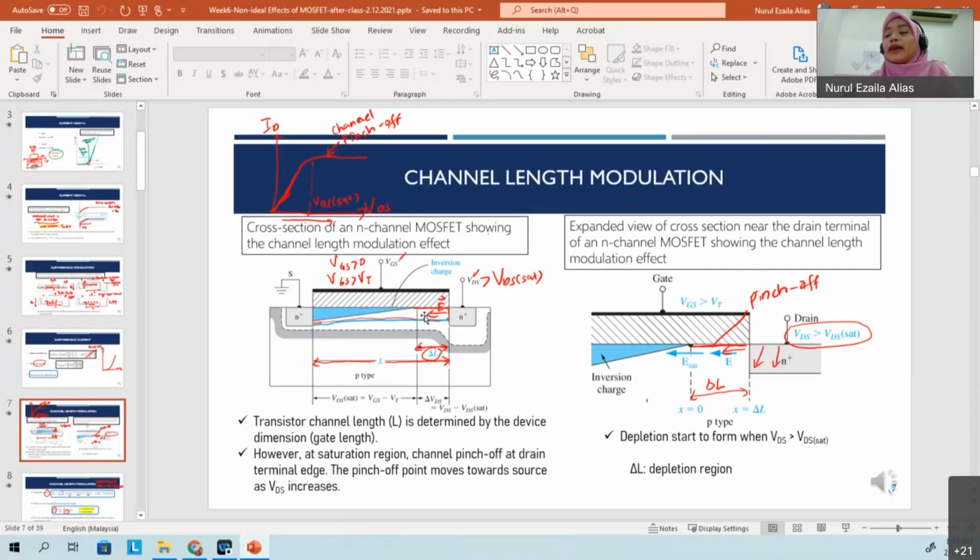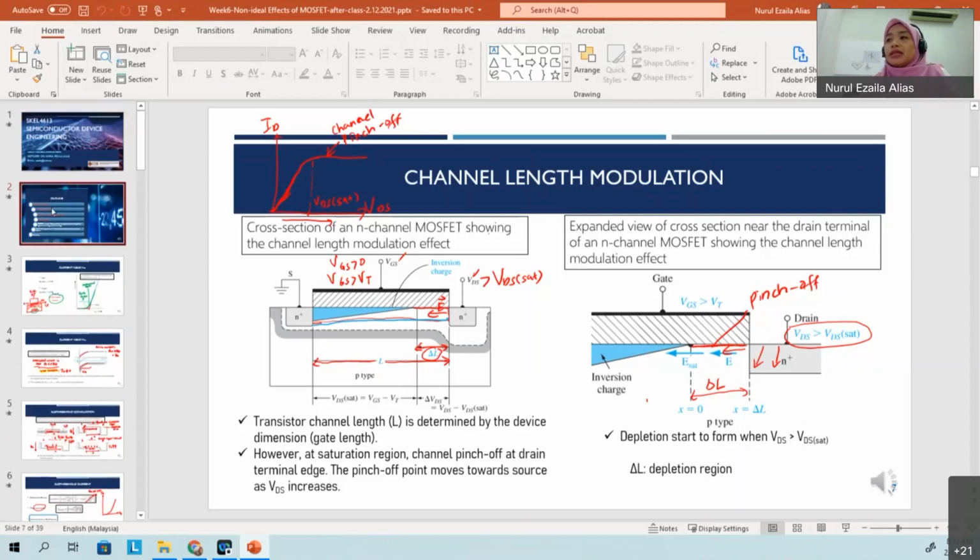When pinch off occurs, there is a high electric field at the region under the drain. So instead of having a square channel from source to the drain, the channel region near or underneath the drain will be pinched off. There is no channel region over here, so we call it a depletion region or delta L. So this is channel length modulation. This is what happens in channel length modulation.